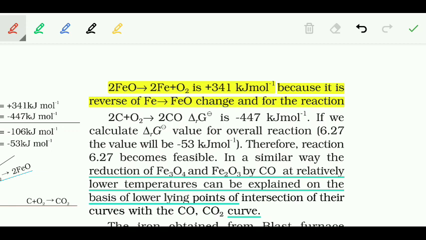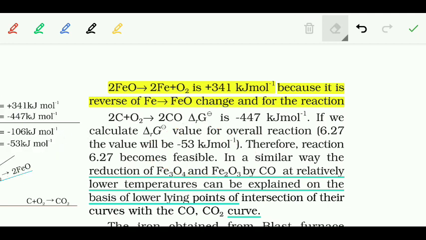We have a chemical reaction with a Gibbs free energy of 341 kilojoule, because it is the reverse of FeO formation, and for the second reaction we have a delta G of about minus 447 kilojoule per mole. If we calculate the delta G value for the overall reaction, we get minus 53 kilojoule per mole, or for 2 moles that is minus 106 kilojoule.